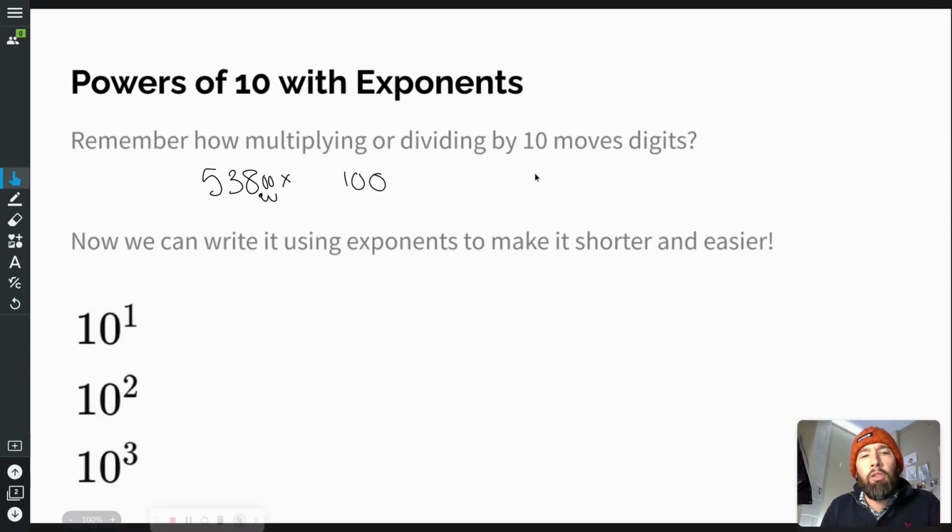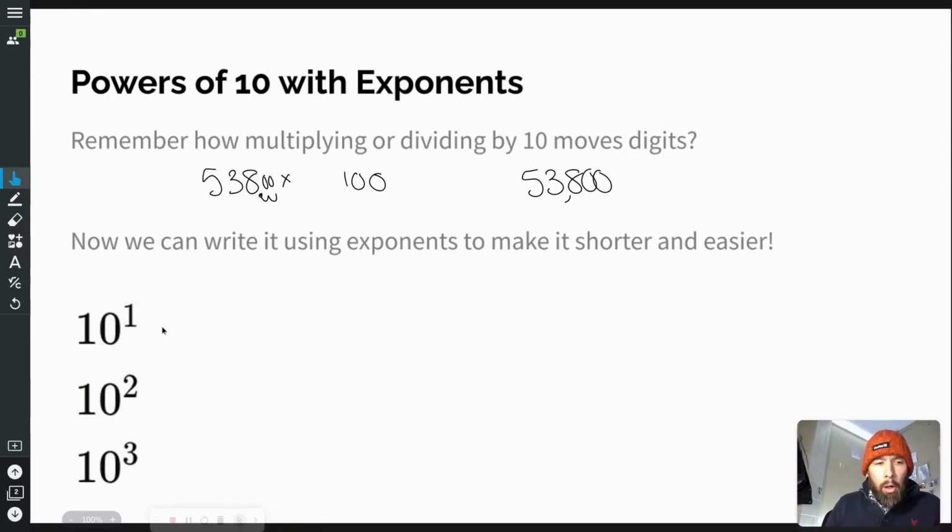That's 53,800 because I included 2 more zeros. If I were to divide by 100, you would move to the left and take away some numbers.